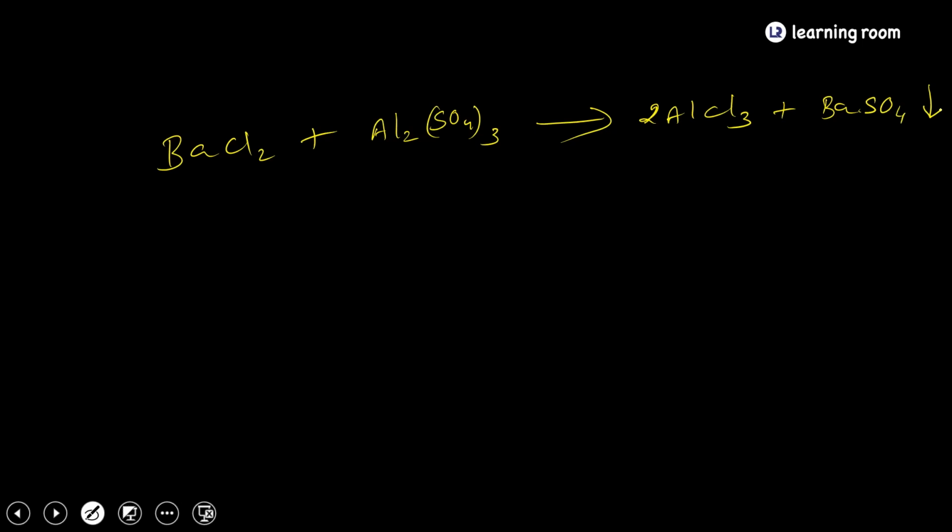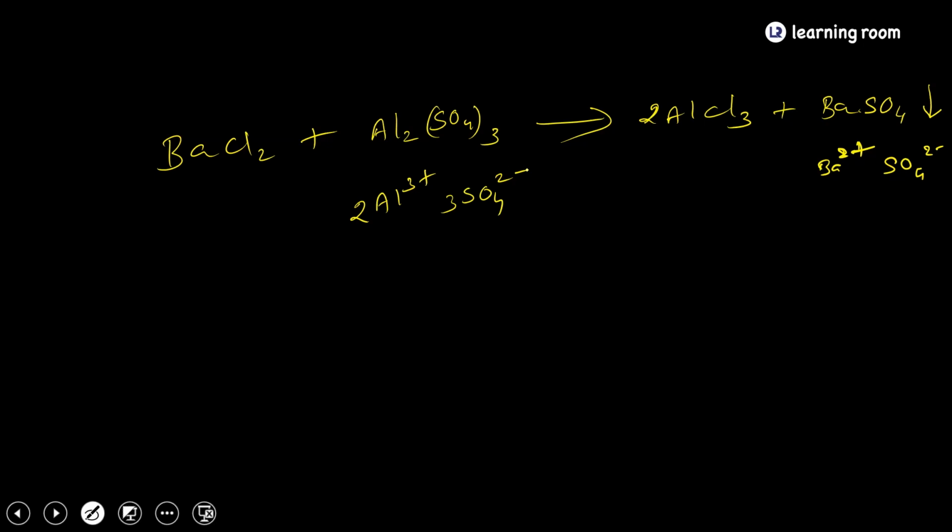You have 3 sulfate ions, but the barium sulfate is Ba2+ and then SO4 2-. Al3+. Al2(SO4)3.